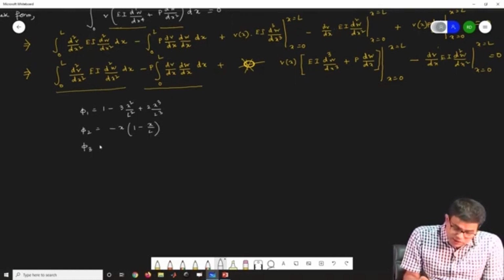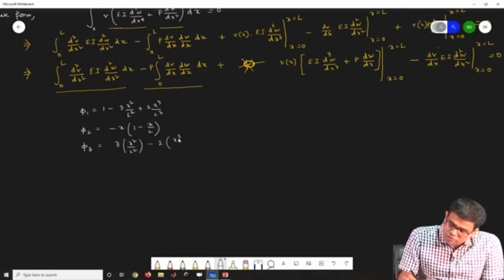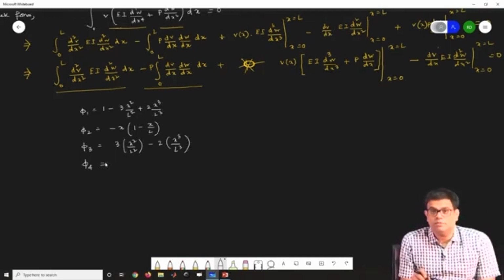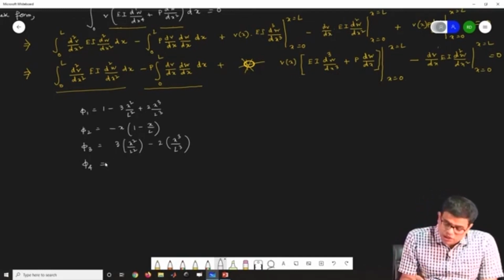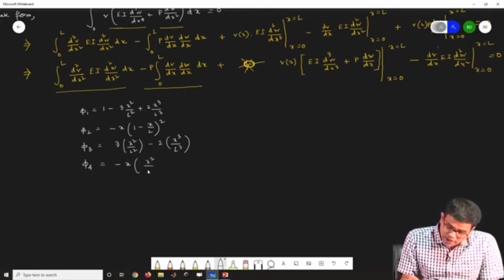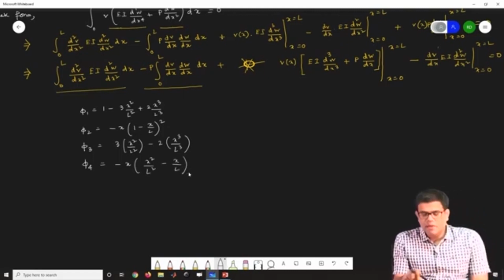Phi 3 is 3x²/L² minus 2x³/L³. If you remember, this has come from the Hermite interpolation, not a Lagrange interpolation, because of the requirement for slope continuity. And phi 4 is minus x into (x²/L² minus x/L). So this is my beam shape function.